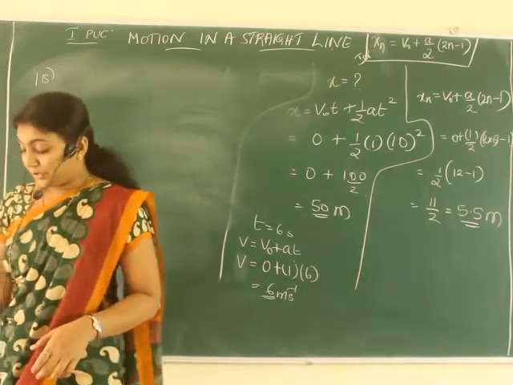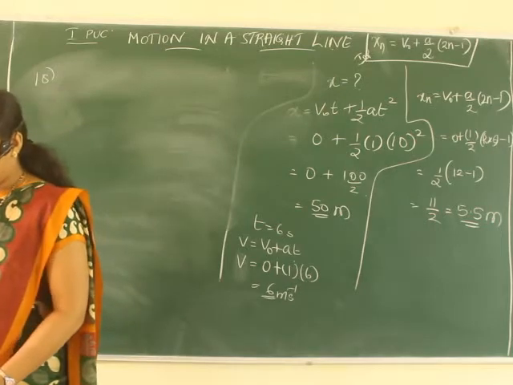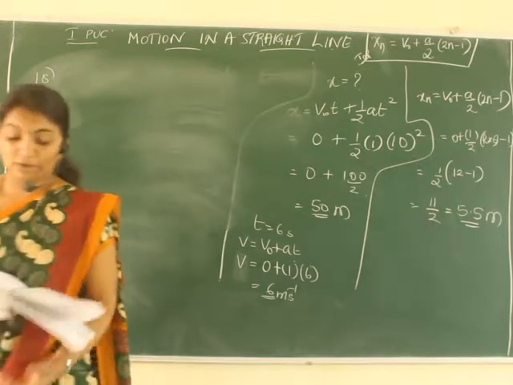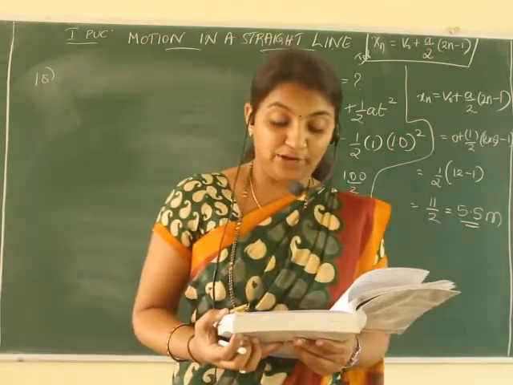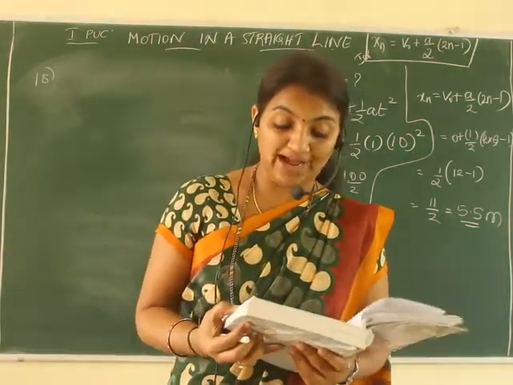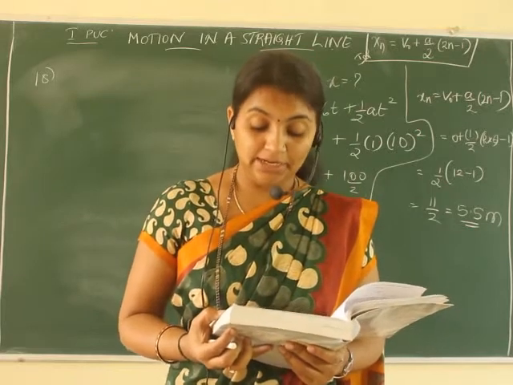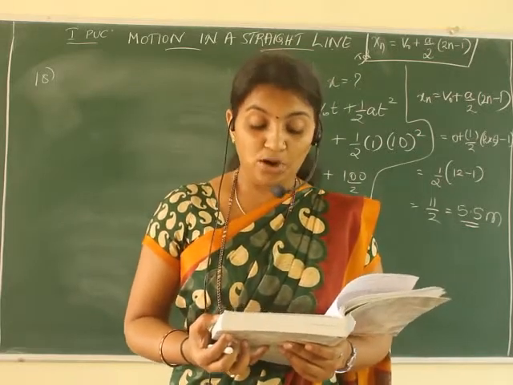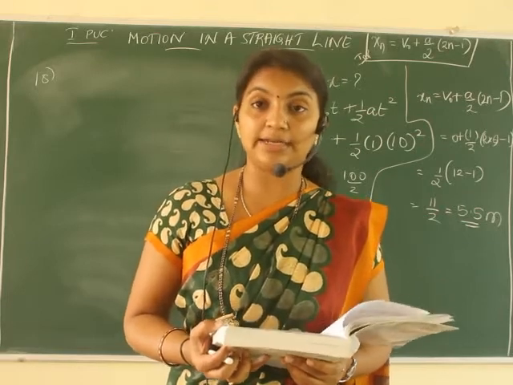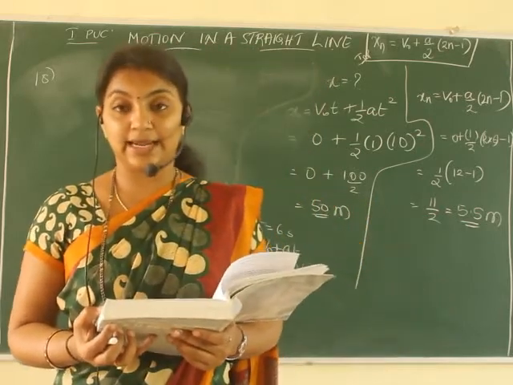Let me read out the question first. A ball is released from the top of a tower of height h meter. It takes t seconds to reach the ground. What is the position of the ball at t by 3 seconds?